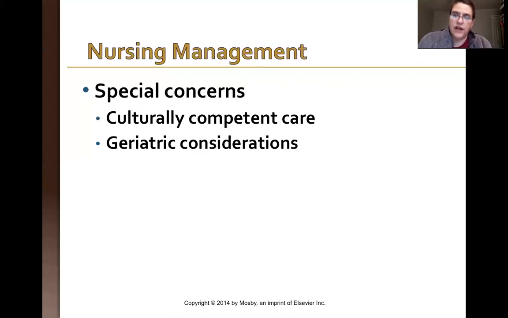Especially for education, because if it's the husband having the surgery, it's not the wife that's going to do the coughing and deep breathing. It's the patient, the husband. So you have to make sure that he's the one that gets the education, even though she's answering the questions. If he's the one with the hearing or vision deficits, you have to make sure he gets the message of the teaching. She can't answer for him.